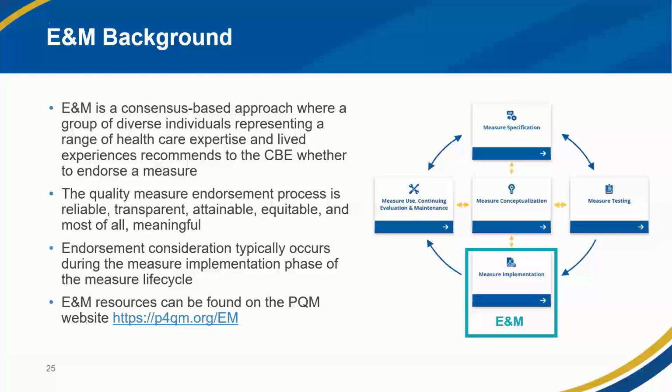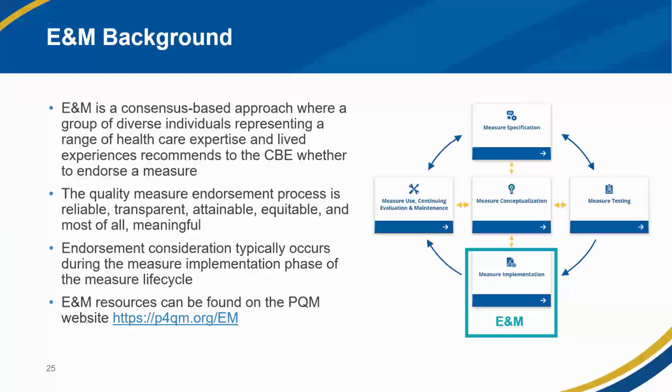The Medicare Improvements for Patients and Providers Act of 2008 requires the Department of Health and Human Services to contract with the CBE regarding performance measurement. The CBE reviews and endorses quality measures through a transparent, consensus-based process, incorporating feedback from interested parties to foster healthcare quality improvement.